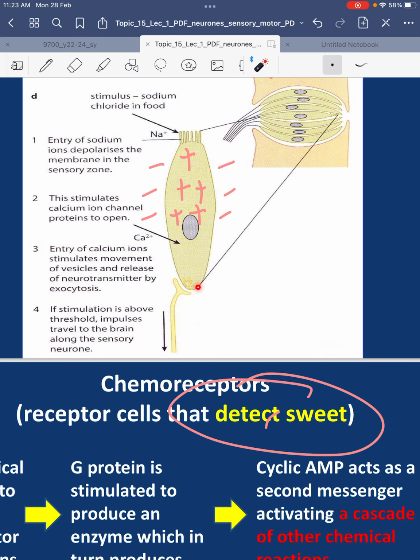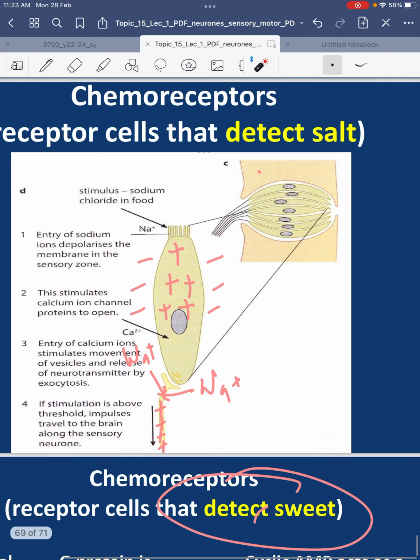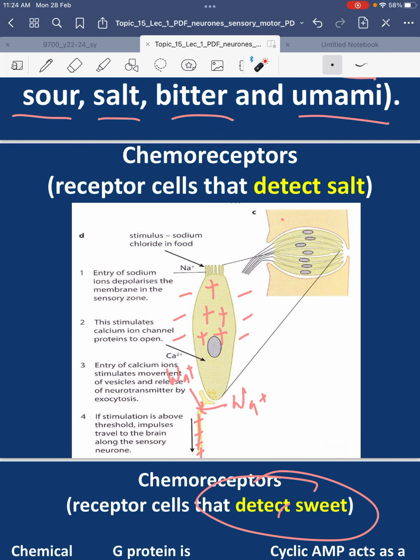It causes the vesicle containing neurotransmitter to fuse with this membrane and release the neurotransmitter, normally acetylcholine. When the acetylcholine binds with the membrane here, that causes sodium to enter again, so inside here becomes more positive. It will depolarize this membrane, and then the action potential or nerve impulse will travel down again. So this is for the detection of salt.